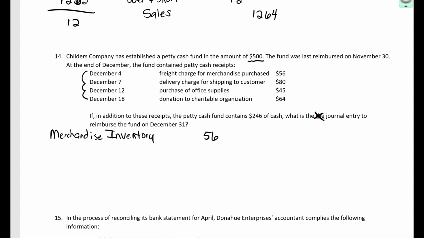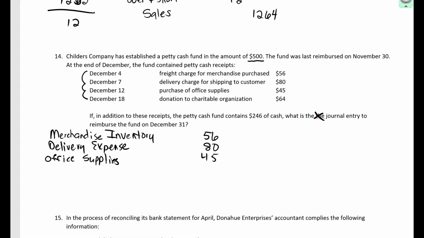The delivery charge, however, this is shipping to a customer, so this is not the cost of the inventory. This is cost of sales. So this will go to delivery expense. Delivery expense is $80. Purchase of office supplies, we will debit office supplies, $45.